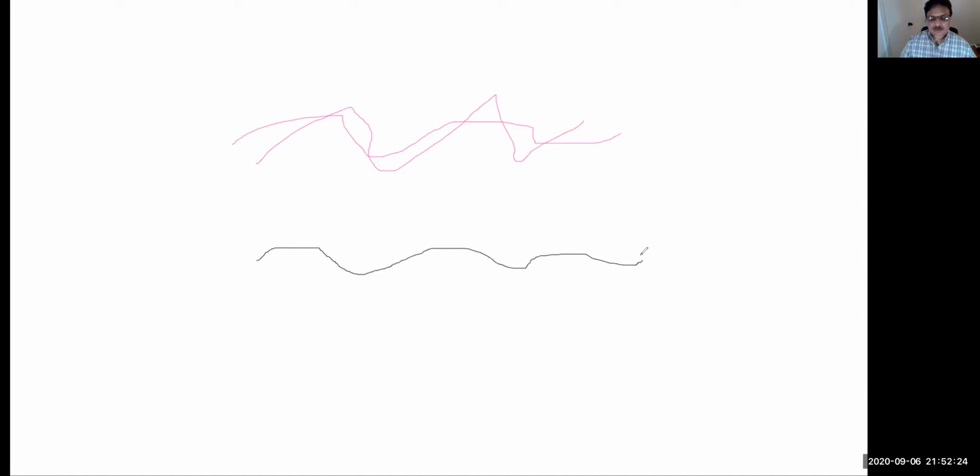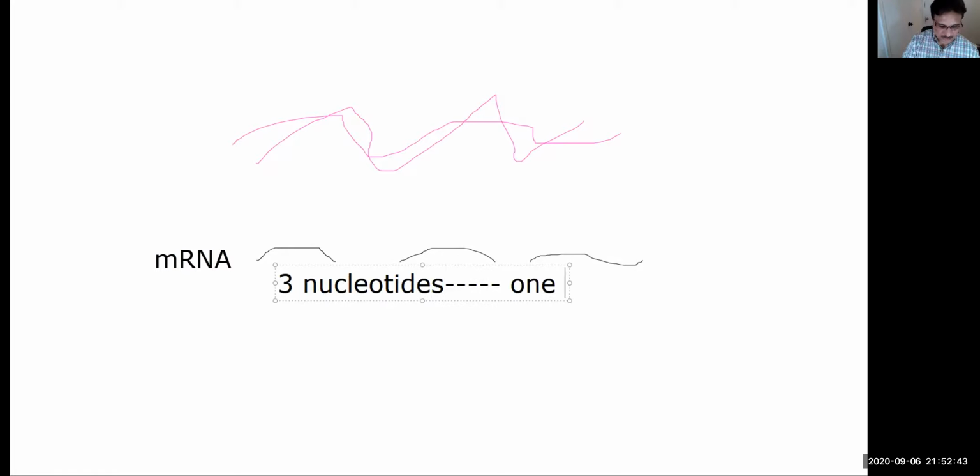Now in this mRNA molecule, 3 nucleotides code for one amino acid, and there are 64 triple nucleotides. Why? 4 times 4 times 4, 64 combinations.